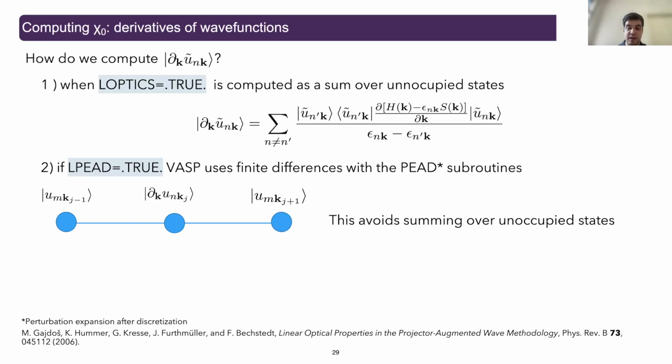And in this case, VASP will consider a midpoint difference and compute the derivatives of your wave function using the values after and before. This avoids the sum over empty states by replacing this complete sum here with a midpoint value.